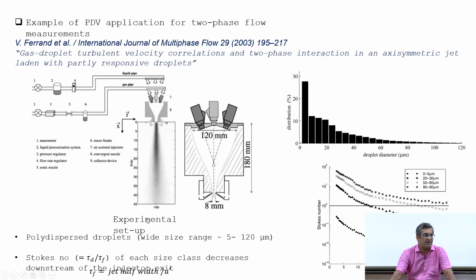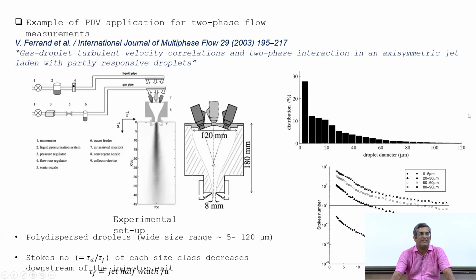So this is the experimental setup, and they performed PDPA experiments at different axial locations as well as different radial locations at each axial location. Basically they scan through the flow, and they see polydispersed particles over a wide range, as you can see here, from less than 5 micron to about 120 micron.